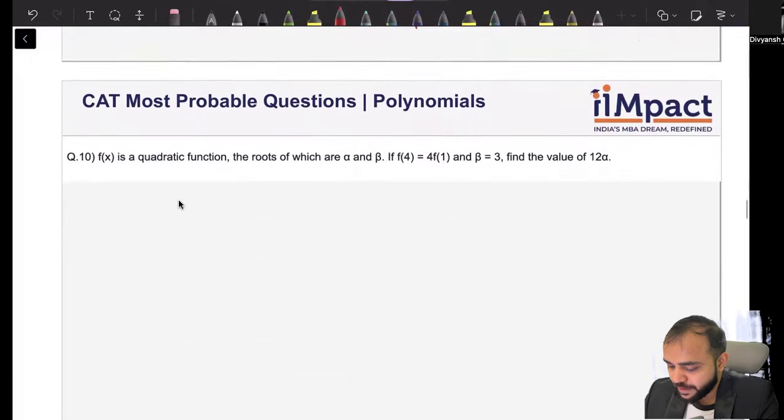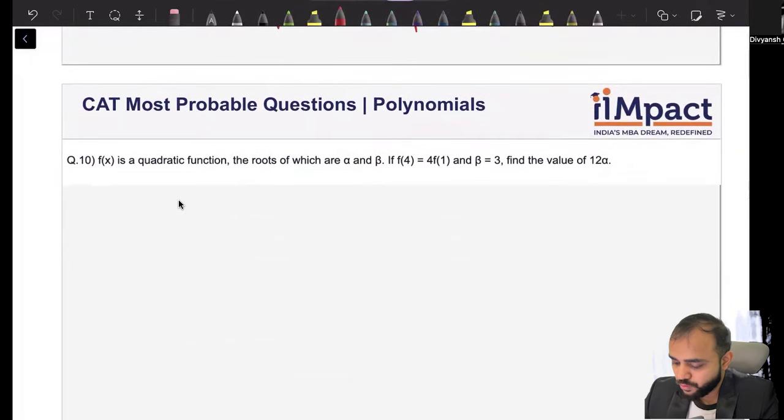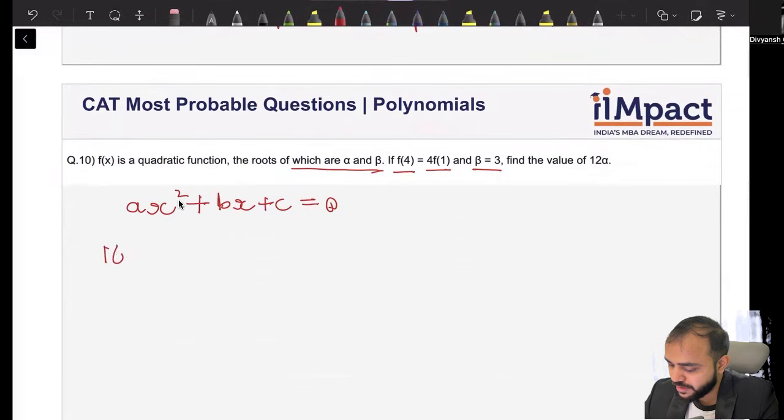Moving on, f(x) is a quadratic equation, the roots of which are alpha and beta. f of 4 is equal to 4 f of 1 and beta is equal to 3. So the equation that we will write is ax square plus bx plus c is equal to 0. Now if I put 4 here, I'll get 16a plus 4b plus c.